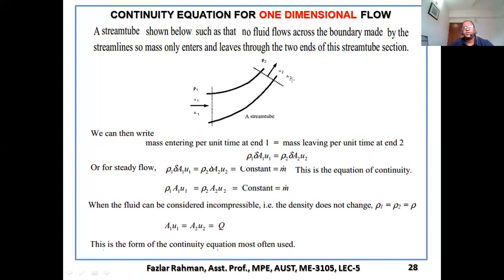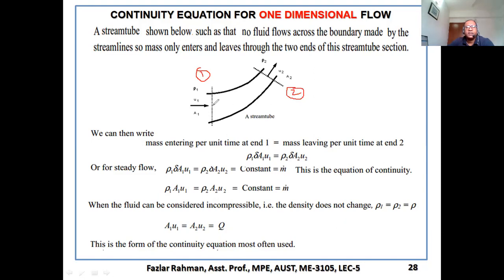In section 2, the area is A2, the velocity of the fluid is U2, and the density is rho 2. That means the fluid is compressible. You see, rho is not the same. Right over here there is one density, and at section 2 there is another density. Now we are saying that mass cannot be created or destroyed, and since there is no storage, the water entering the pipeline at section 1, the same amount of water has to leave through point 2.